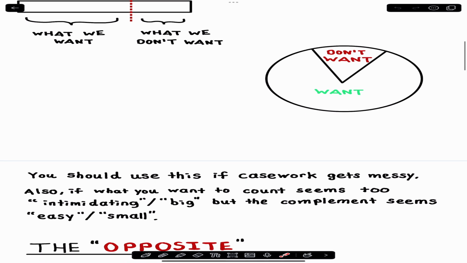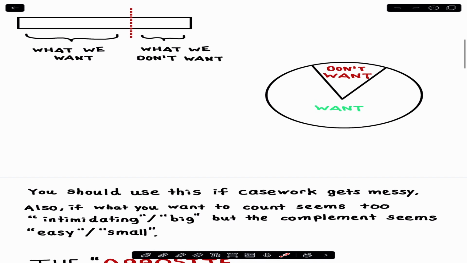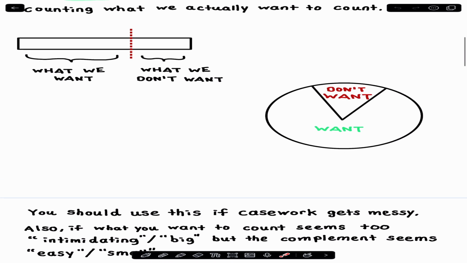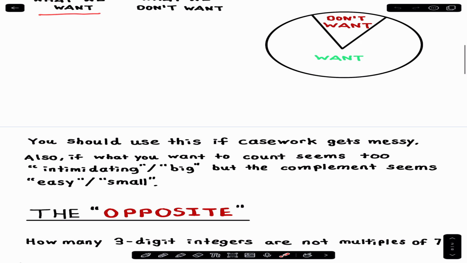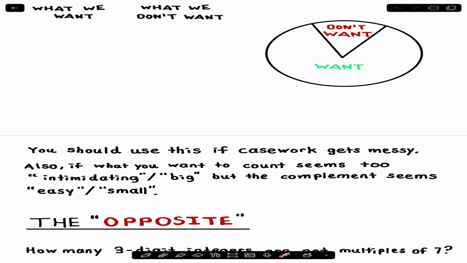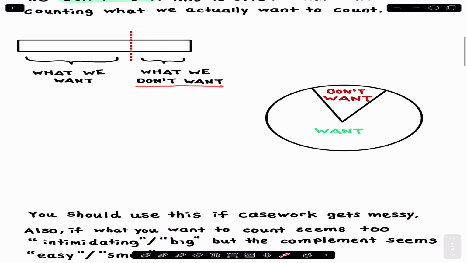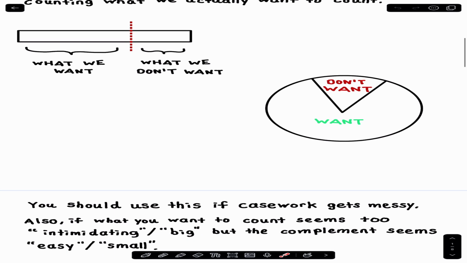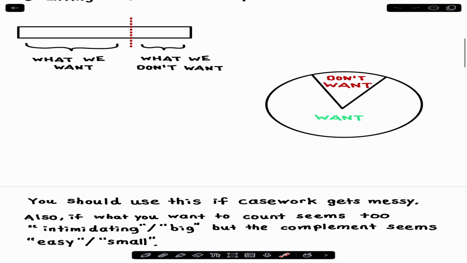But another big hint is if you can do some thinking at the beginning, before you do too much work, and see that what I want to count seems a little too big or a little too intimidating, but the complement, which is what we don't want by definition, and that's why it's called complementary counting, is a little bit easier to work with, or a little smaller.